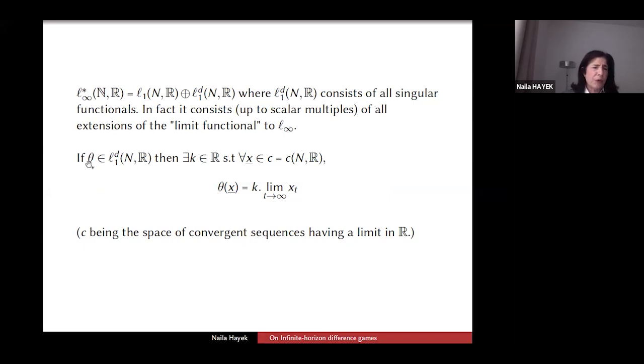In fact, if you have a theta, a linear functional, which is in L1 dual, it means that there exists a K in R such that for all the sequences which are in the space of convergent sequences having a limit in R, theta applied to the sequence is K times the limit of the sequence.